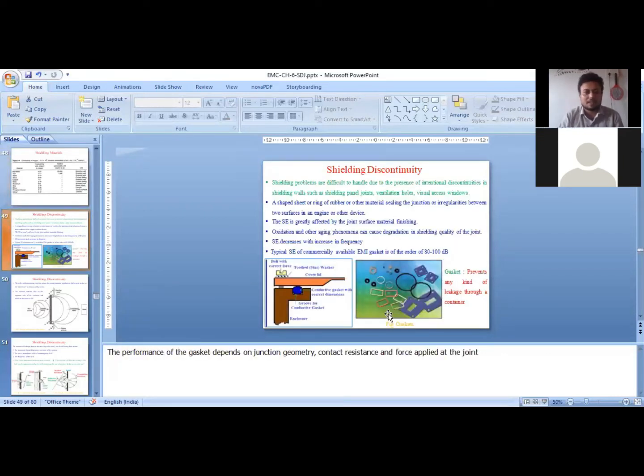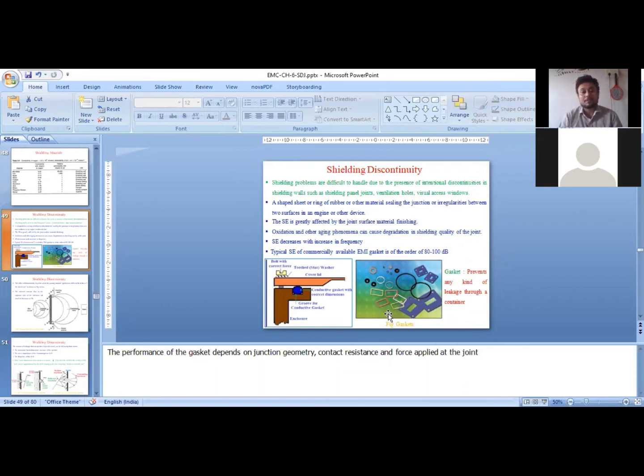Then the next part is shielding discontinuities. As I have told you in the earlier lecture, shielding problems are difficult to handle due to the presence of intentional discontinuities in the shielding walls, such as shielding panel joints, ventilation holes, visual access windows. These are the discontinuities that we add deliberately to facilitate the user. When I have a perforated shield with square holes or circular holes, what will happen?